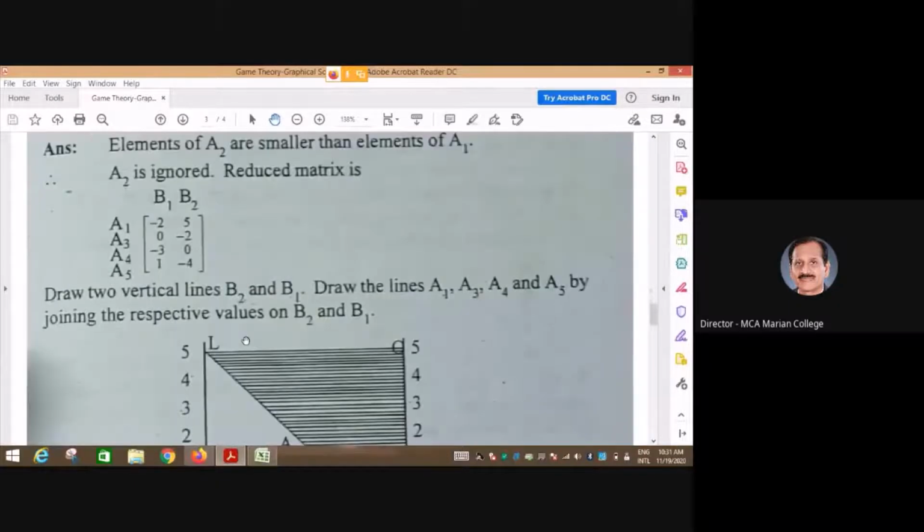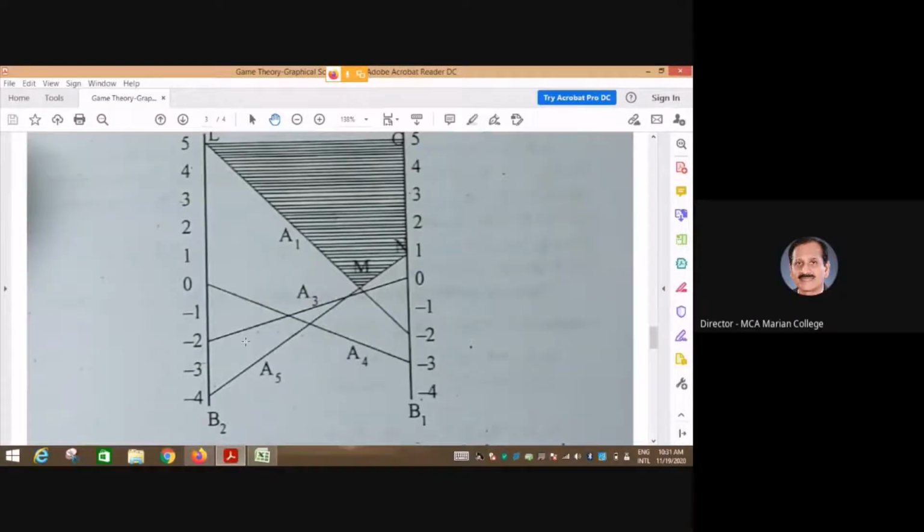And you can draw the lines corresponding to A1, A3, A4, and A5. Okay, so that is the method.